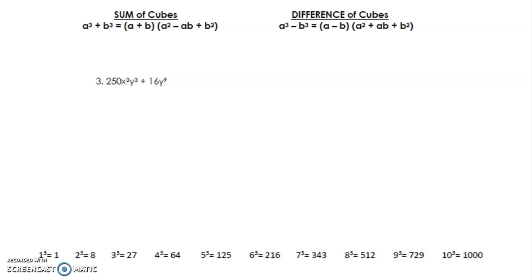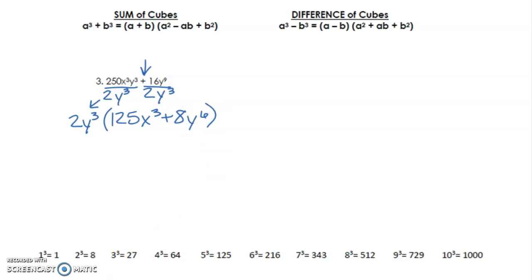For our third question, notice that there is a pretty large expression and a lot of variables and exponents. I noticed that they both have at least y cubed. Each one is 2y cubed times something to the power of 6. Some can be cubed, not square rooted.